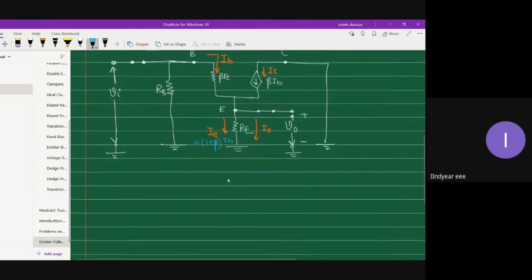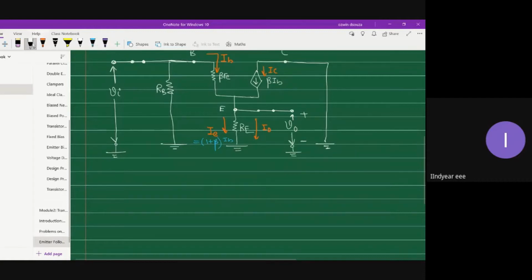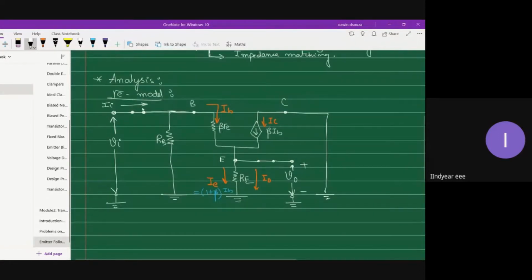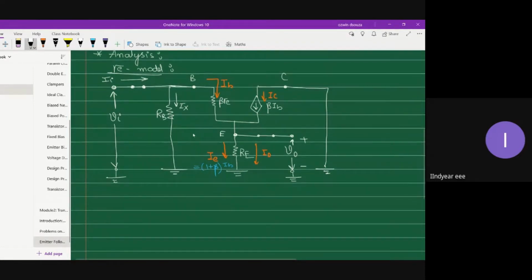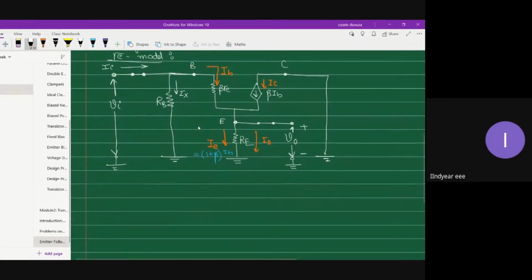And then you will have to mark the standard 2-port network current II. This is IB, and this, let's say, some unknown current IX, which is of no good use, but we will mark it, something like IX amperes. So this is our RE model for emitter follower.